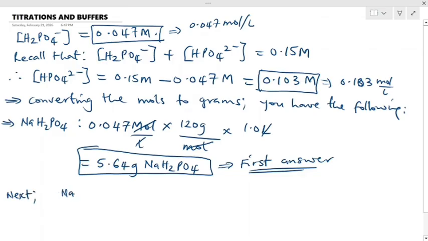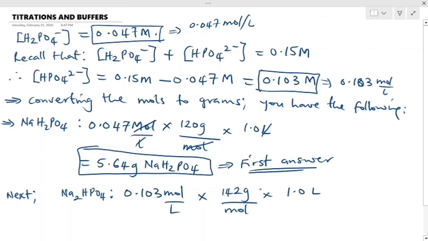The next one will be sodium hydrophosphate, and what we have here is 0.103 moles per liter, which is the same thing as molar, like I said, and we multiply by the molar mass of this compound, 142 grams per mole times 1.0 liter.